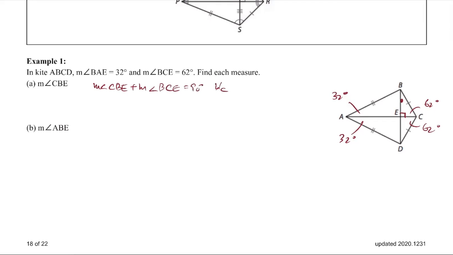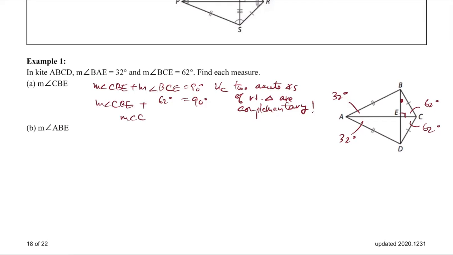The reason would be: because two acute angles of the right triangle are complementary. And now we see that BCE is 62 degrees. Doing a little bit of algebra, we know that that has to be 28 degrees.